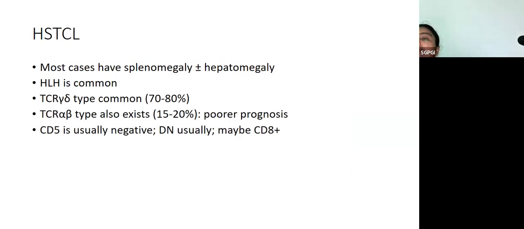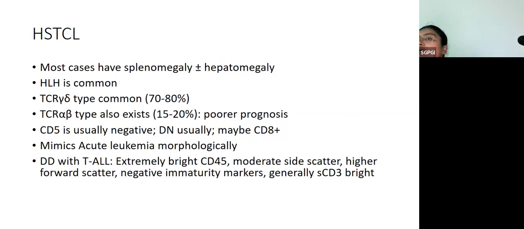Remember that in this, CD5 is usually negative. For LGL, CD5 is downregulated. For HSTCL, it is nearly always negative. They are usually double negative, but may show positivity for 8. Morphologically, these look like T-ALL, and T-ALLs can have a bright CD45 expression. So keep that in mind when you're assessing the cases.